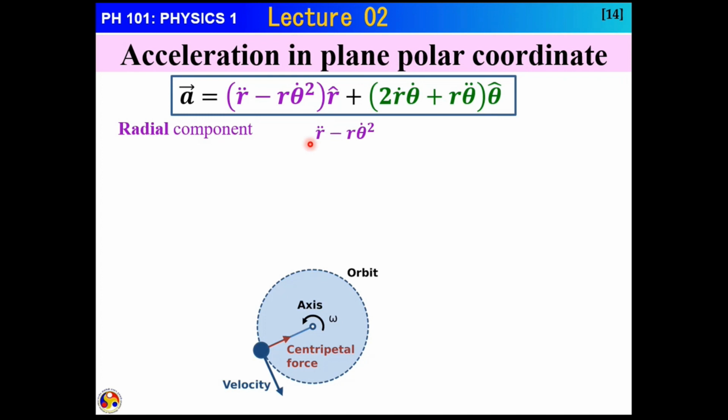However, if it is rotating and moving away, then there is going to be this part and also this part. This part you are familiar with, and it is called centripetal acceleration, which is directed towards the center because the minus sign is coming. So r theta dot square is acceleration towards the center.